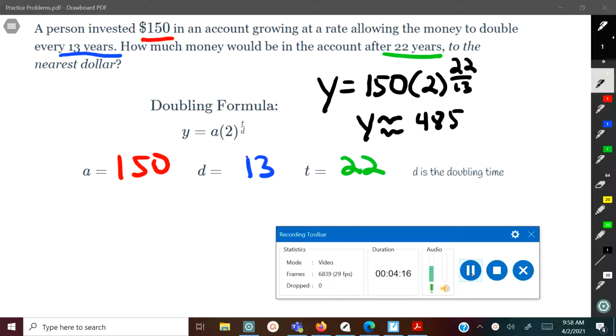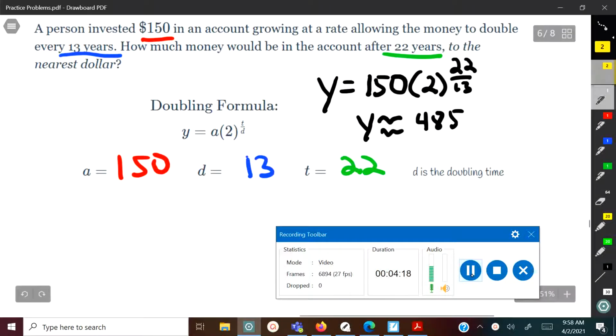Okay, so we took our beginning amount, 150. It's doubled every 13 years. And the total amount of time, which is 22 years. And we plug that into our formula, and then type in the calculator, hit enter. Okay, so that's doubling time.